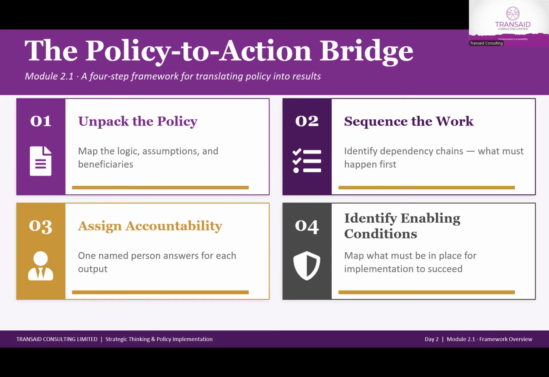And then, what are the enabling conditions? What must happen for you to be in Afghanistan in December 2026? I'm using examples that we can relate with. What is going to happen? What must be in place?